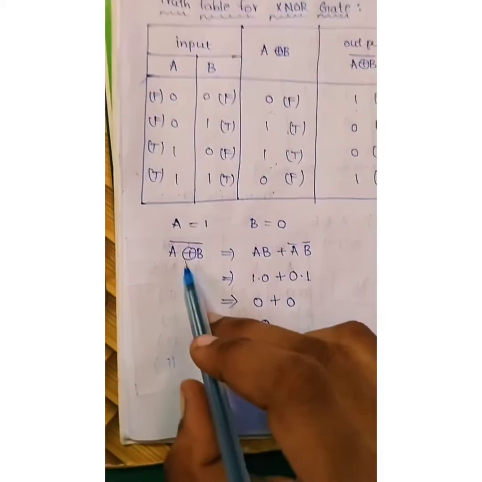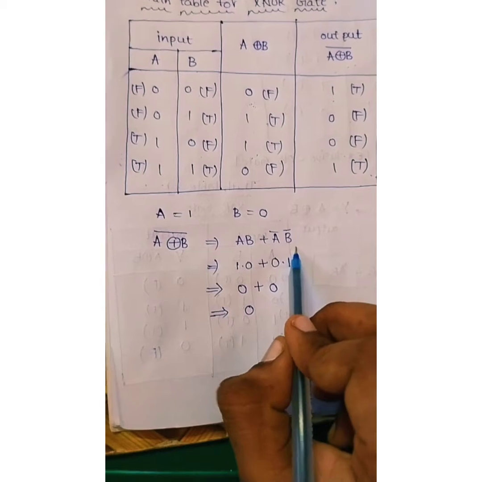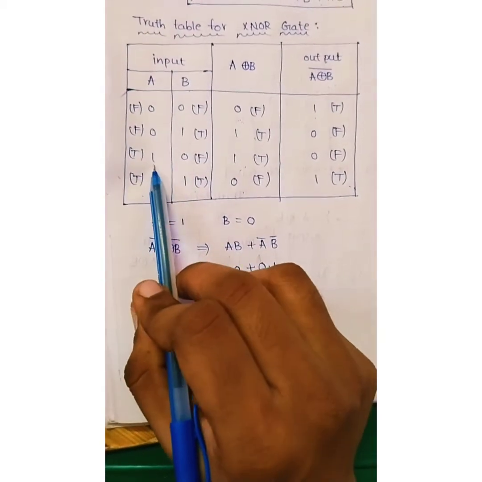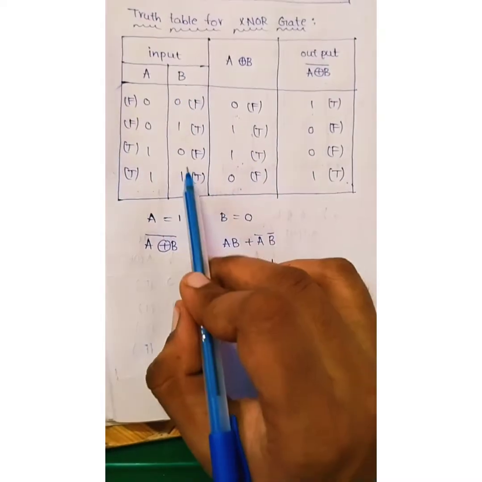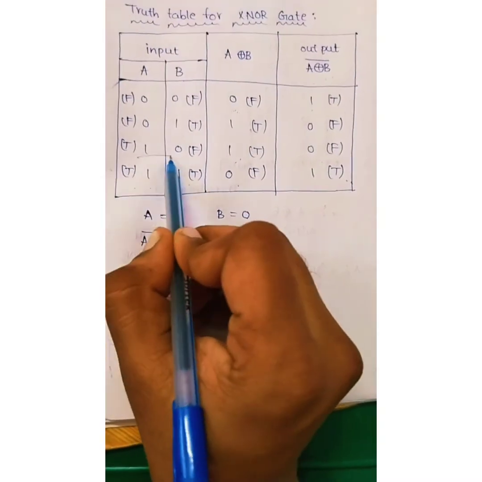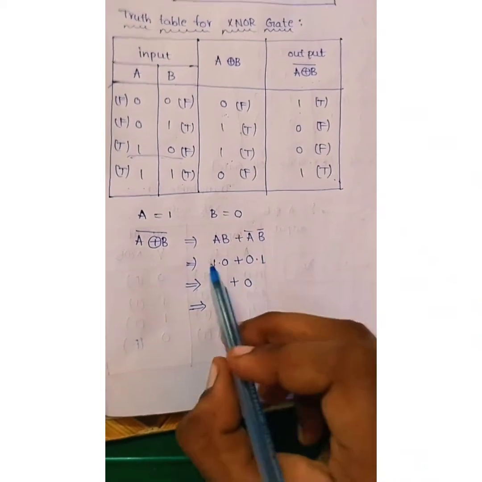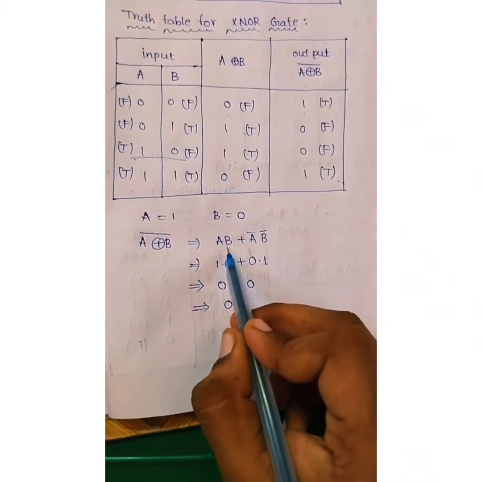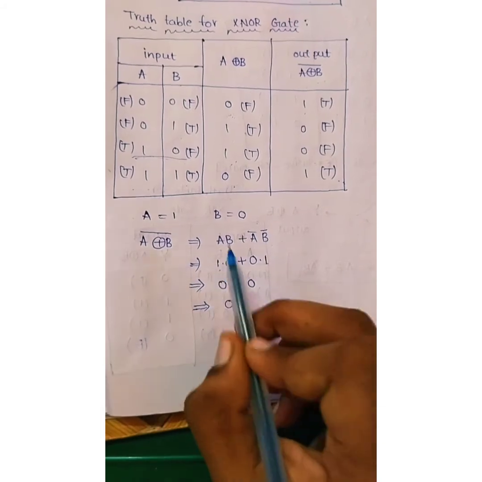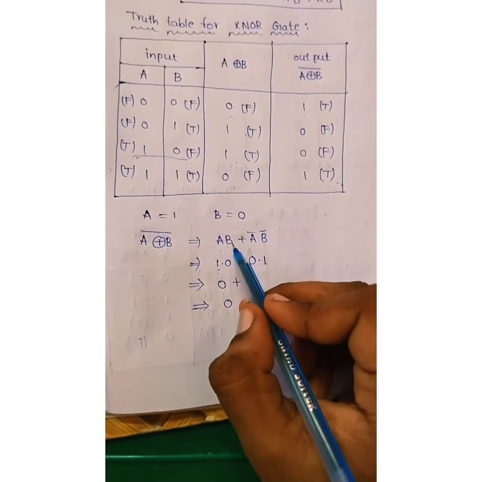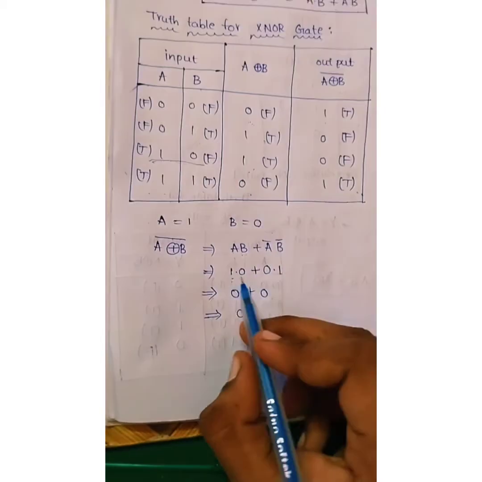So here we find A XOR B bar with this formula. Here we take A equal to 1 and B equal to 0. First of all, A I will take as 1, next B is 0.